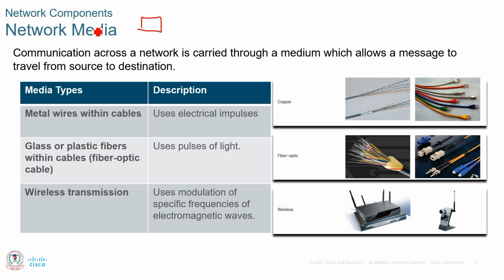So these are various types of cable. We have the copper, we have the optical fiber, and we have the wireless. These are the media in which information or messages are transmitted from the source to the destination. So it is very vital to know the different types of network media.